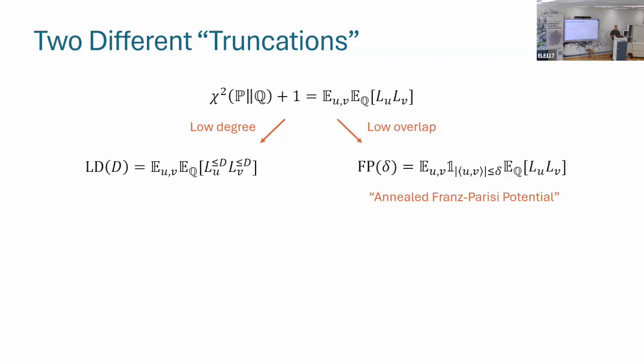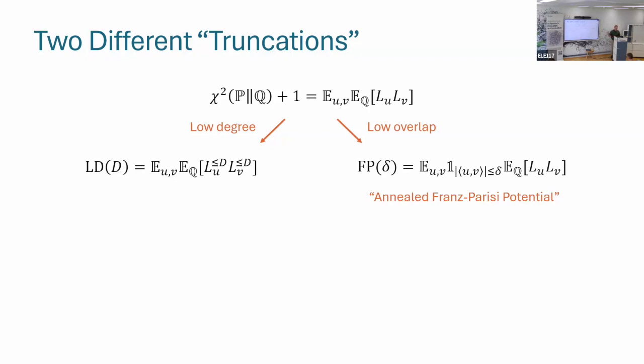But I want to now introduce a second one, which is restricting things to low overlap. And that's what we are calling the annealed Franz-Parisi potential, due to some heuristic connections to some physics ideas, which I'll try to explain in a second.